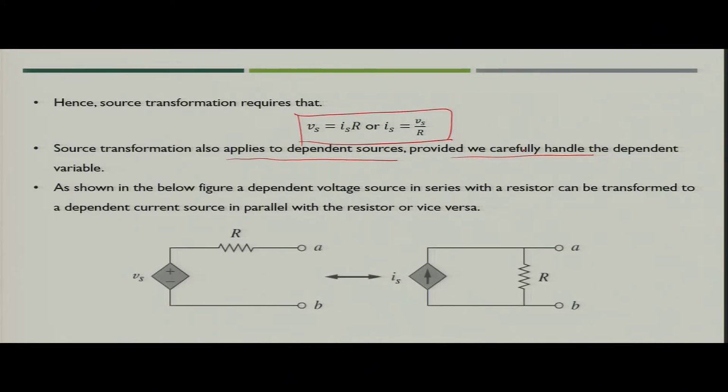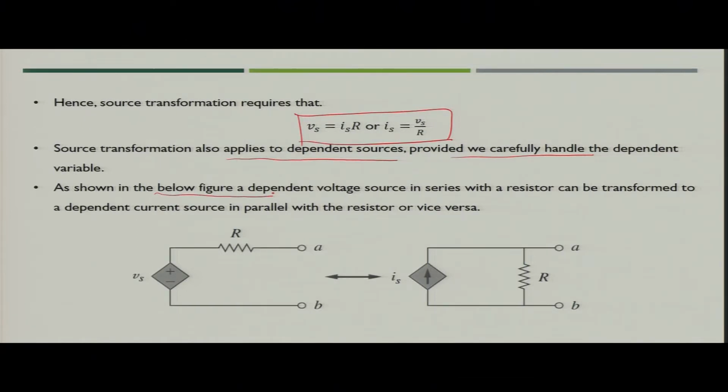Because of this dependency, we have to be very careful how we handle the source transformation. When you do source transformation and see a dependency involving a resistance, that particular resistance cannot be considered for the source transformation.